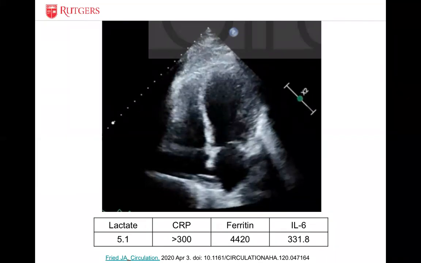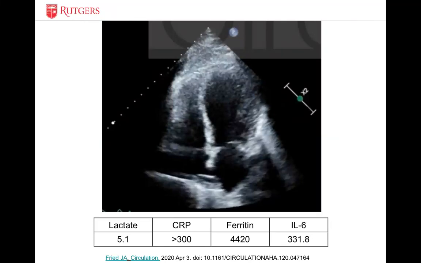The patient had an unmeasurable CRP, a ferritin of 4420, and an IL-6 level of 331. They did an echo, which shows apical hypokinesis, consistent with Takotsubo's cardiomyopathy. This was diagnosed as a septic or SIRS-related cardiomyopathy from cytokine release syndrome.